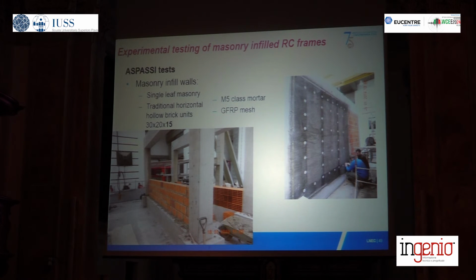So again, a single leaf masonry, again traditional horizontal hollow brick units. These are smaller than the ones of the previous tests. They have a smaller width, but these are the typical bricks which are used in Portugal and in many other places.